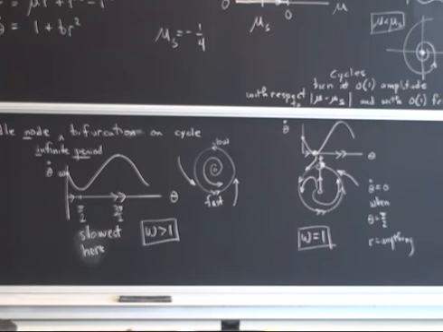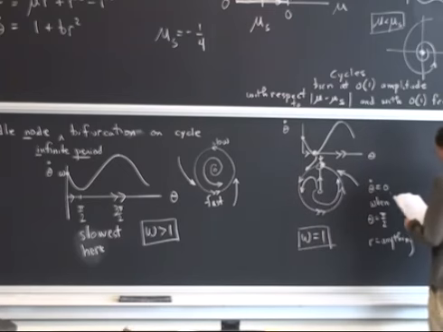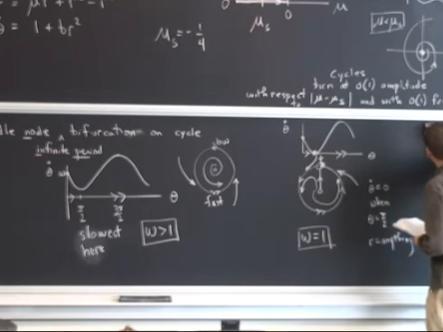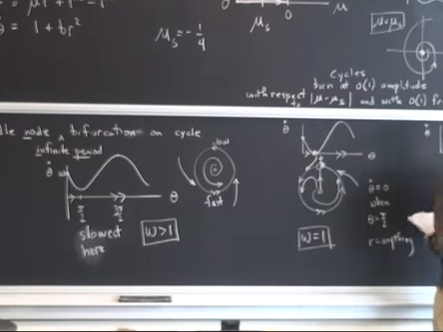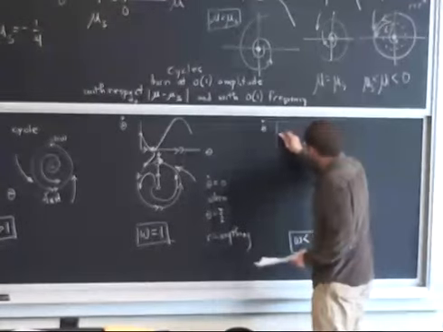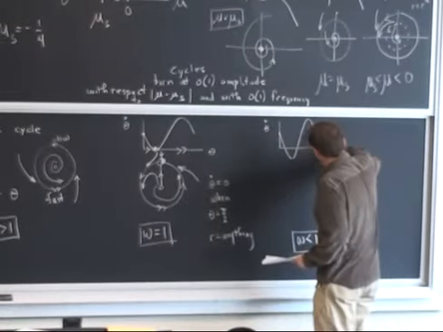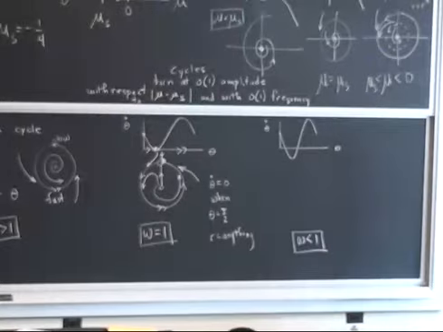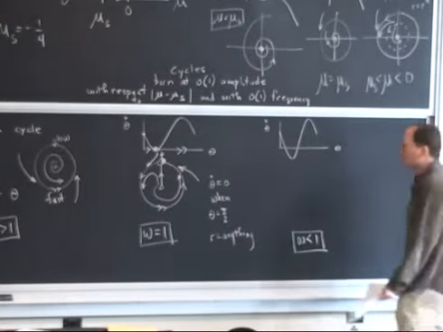And then after the sniper has occurred, then you'd have in the theta dot versus theta picture, when omega is less than 1, now you have something like that, which intersects the axis in 2 points.